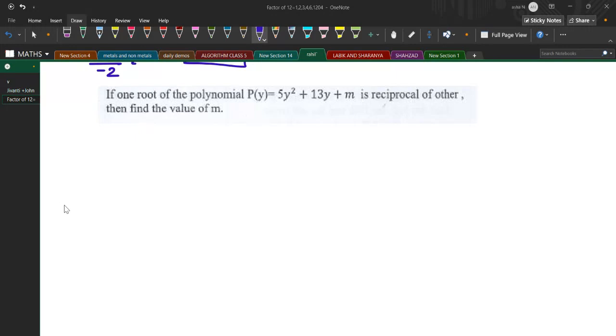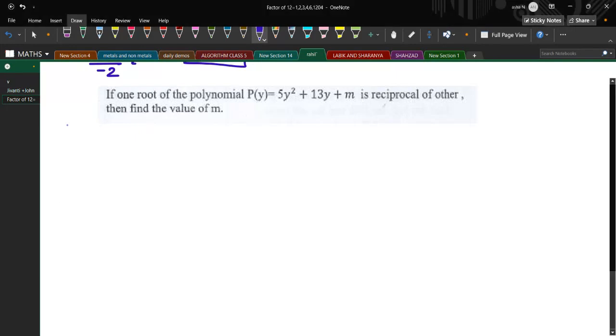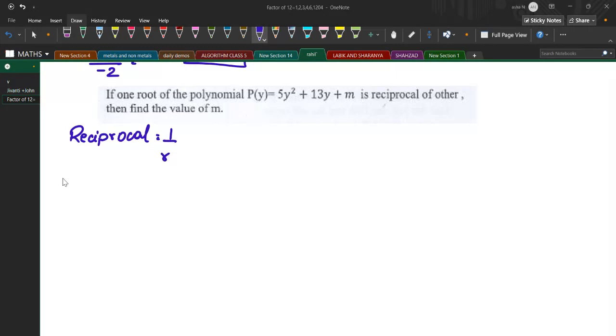If the root of the polynomial, chalo, let's take the root as r. So what will be the reciprocal? 1 upon r. Now, can we use a quadratic equation here? Sorry, root, not reciprocal. And 1 upon r is reciprocal.